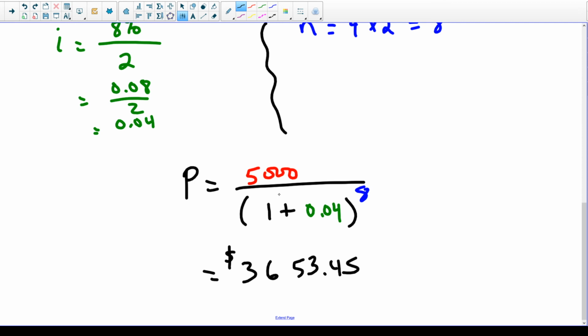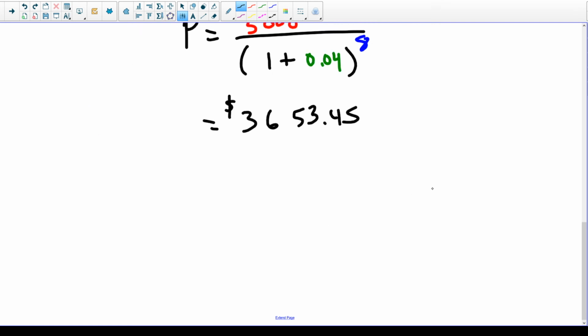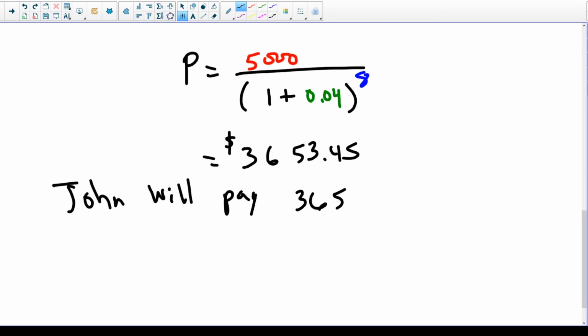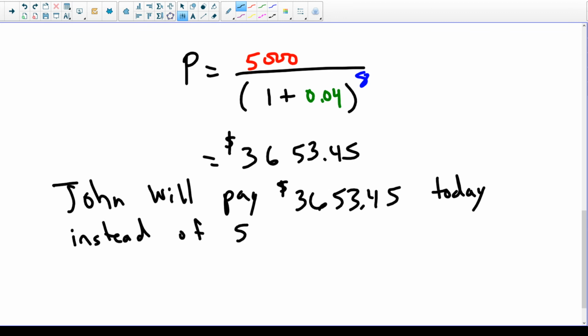Well, we know it's a discount from 5,000, but if he had paid off the entire loan, how much interest would there have been, et cetera, et cetera. So John will pay $3,653.45 today instead of 5,000 in 4 years.